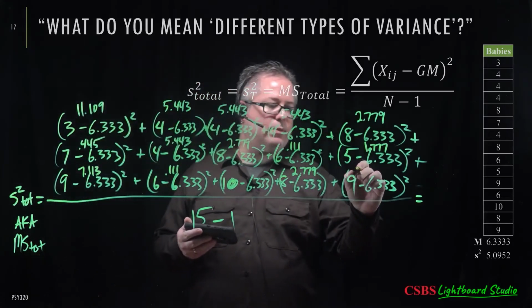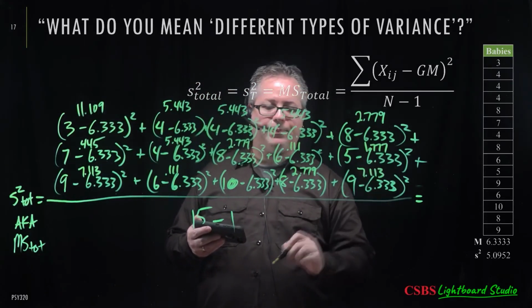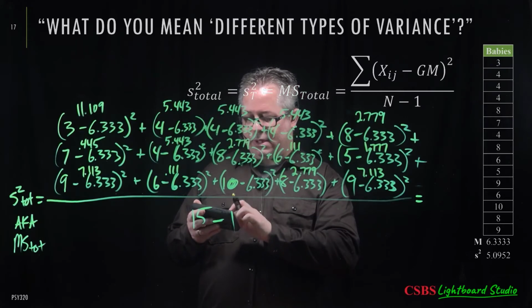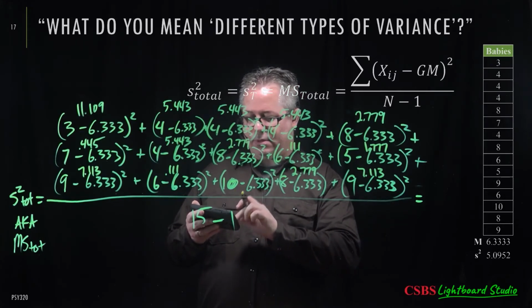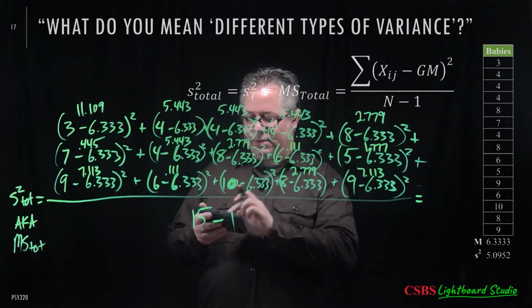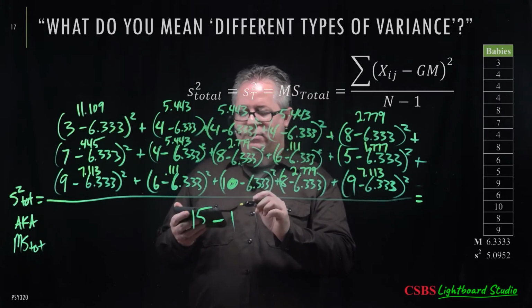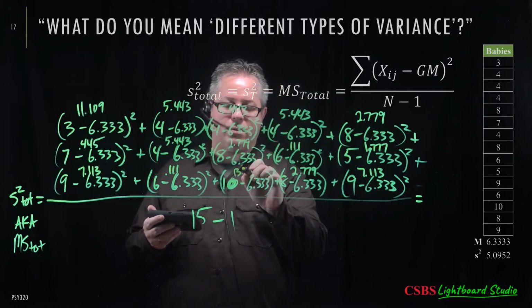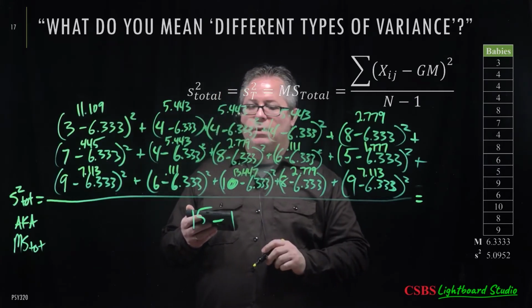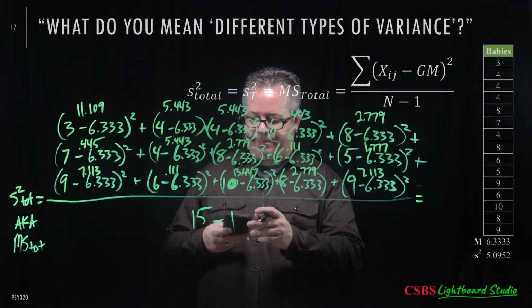This is also 7.113. The last one is 10 minus 6.333 equals 3.667, squared is 13.447. I think that's all of them, so I'm just going to add them up.